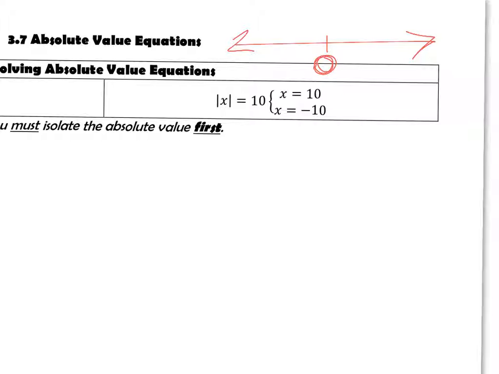This means that something is 10 steps away from 0. So if I start at 0 and I go to the right 10 places, I would end up with positive 10. Or I could start at 0 and go to the left, and I'd end up at negative 10. So that's where this 10 and negative 10 comes from. It could be two different things, positive 10 or negative 10.